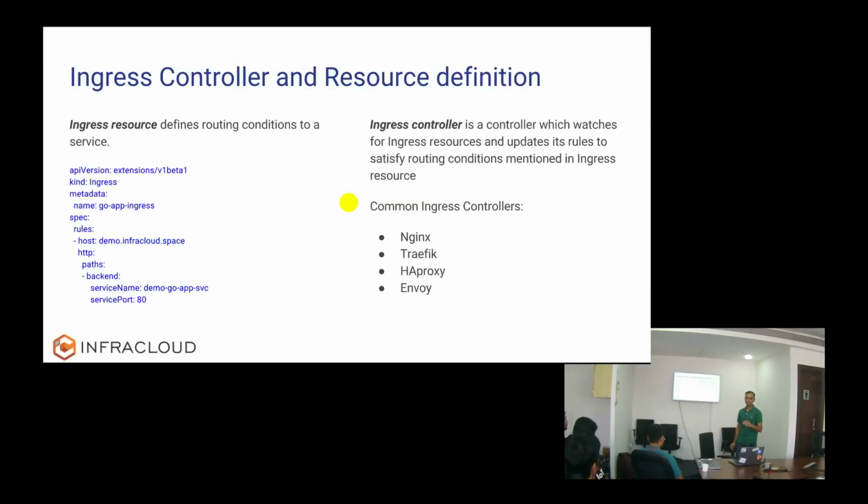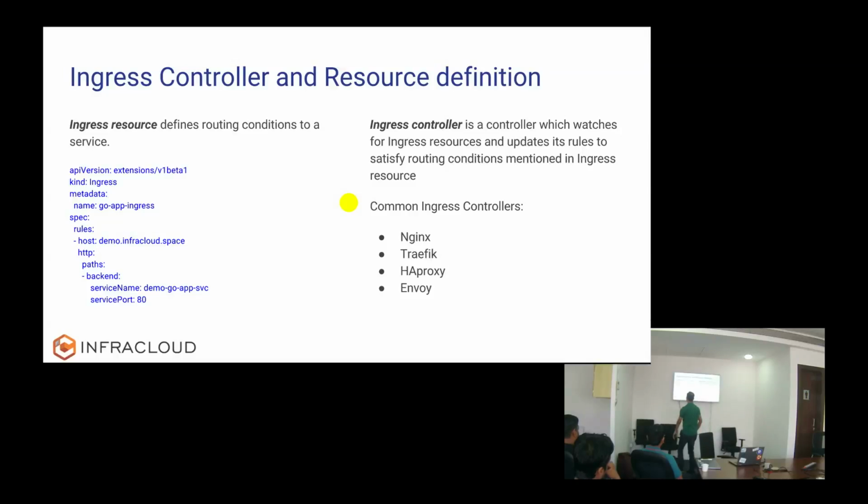So now we'll dig into Ingress. When we talk about Ingress, there are a few parts to it. The first part is the Ingress resource. An Ingress resource is nothing but a set of rules, which tells how to route something coming from outside to an internal service.